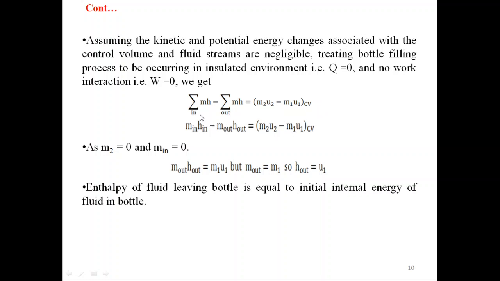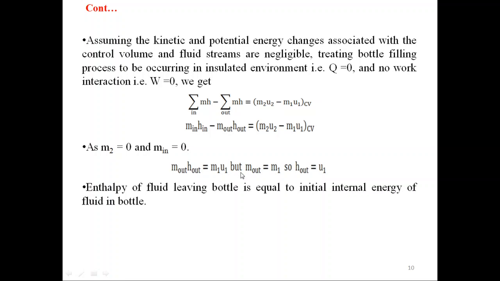So there is only one entry and one exit. So m in h in minus m out h out will be equal to m2 u2 minus m1 u1 for the control volume. Here m2 equal to 0 and m in equal to 0, I have already explained this to you. If you put this in the above equation, you get m out h out equal to m1 u1.